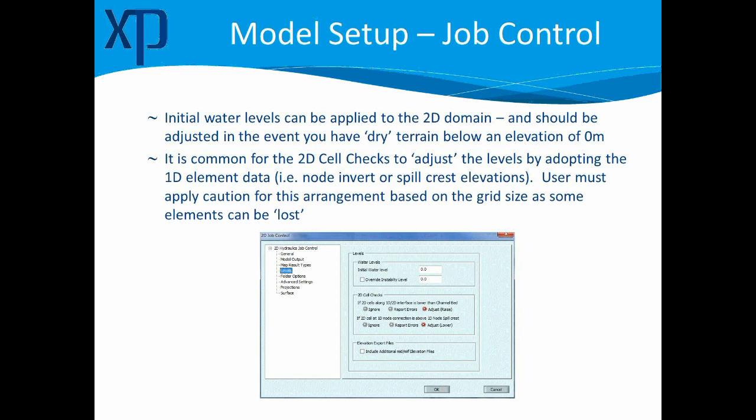Depending on the option, particularly the lower to channel bed, one thing that we've noted in support in a few instances is where users have other 2D elements such as elevation shapes, regional gully lines, and that these items are actually overridden where a 1D element in particular is linked to 2D or an interface line is linked to 2D, and that is something that you should certainly be aware of, because otherwise those elements will be lost.